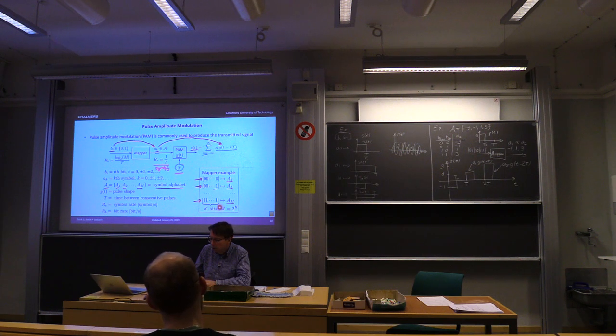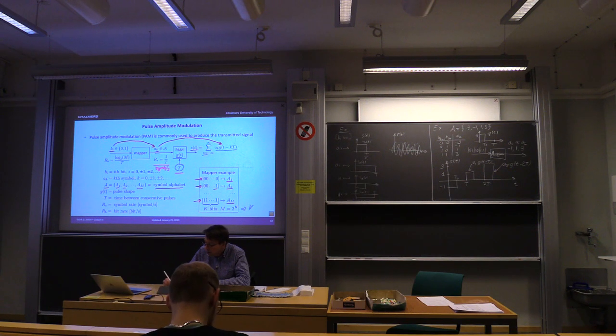All right. In fact, what we have here, if we have k bits in, then we need M equals 2 to the power of k signal alternatives. So another way to write this is that k is equal to the 2-log of M, right?